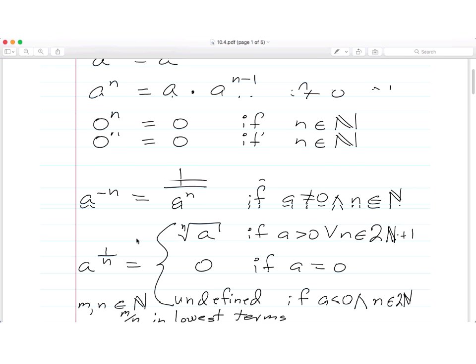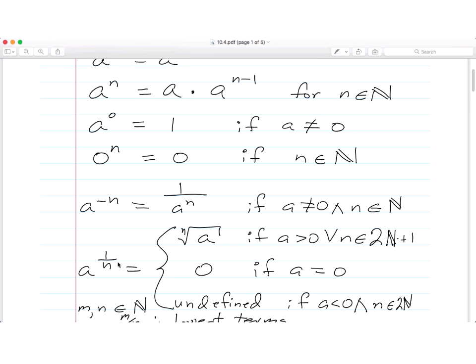Next, let's define a to the power 1 over n. Well, a to the power 1 over n is the nth root of a if a is greater than 0, or if n is an odd natural number.